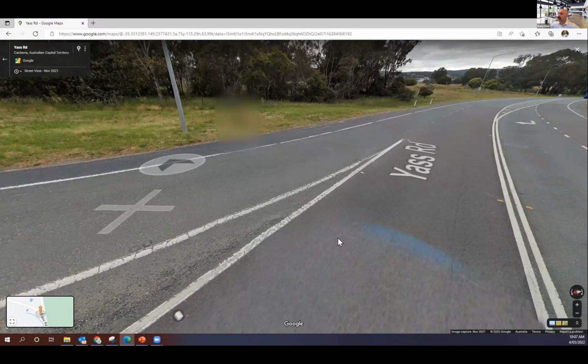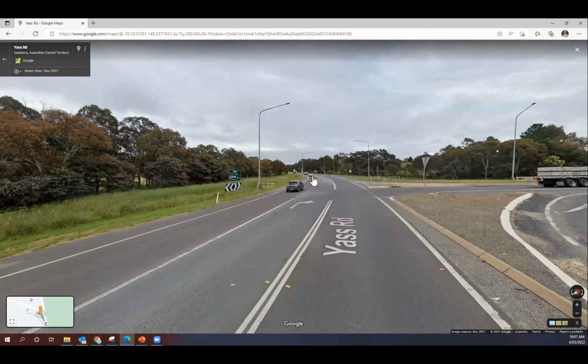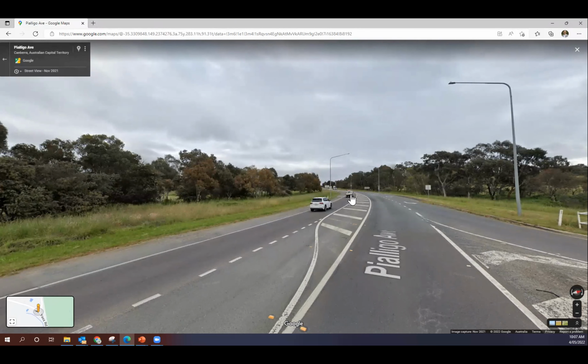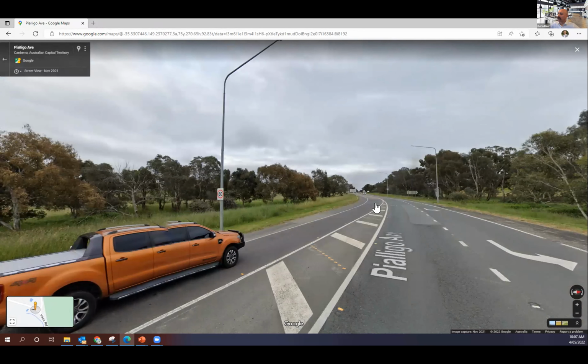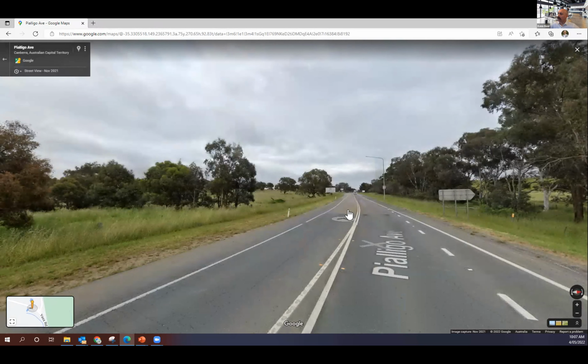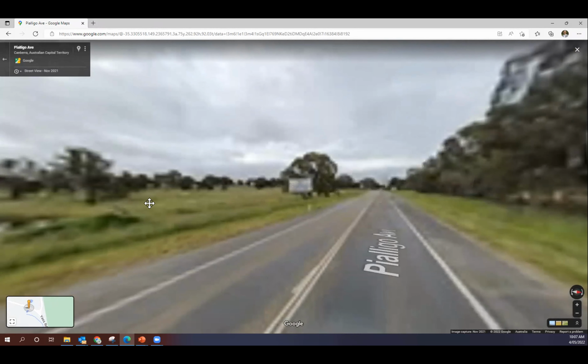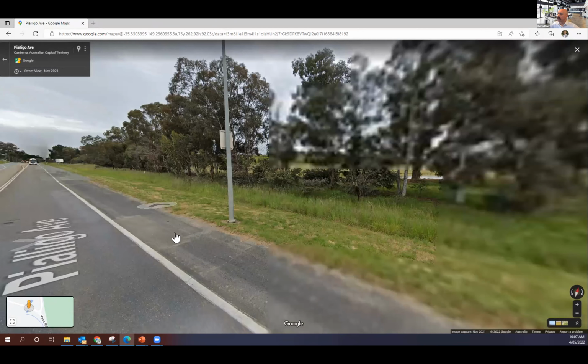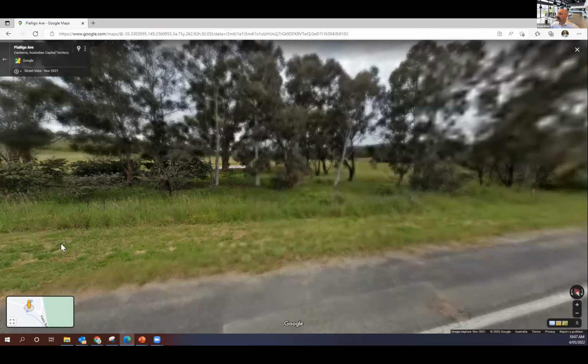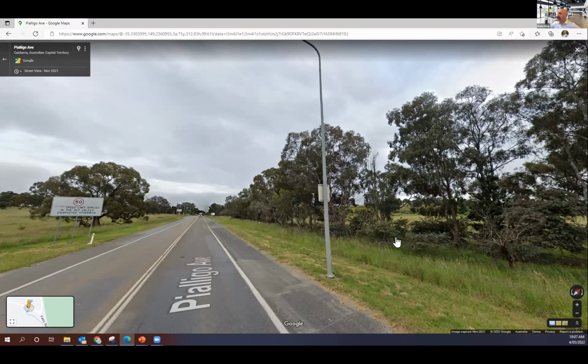Okay, 80 km/h speed limit, isn't it? Correct, on all approaches. And what do we got here? Sign. There you go.